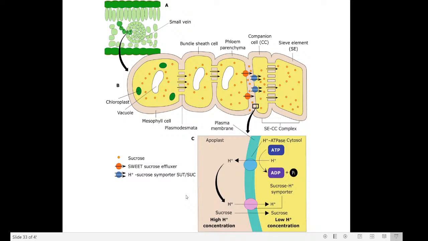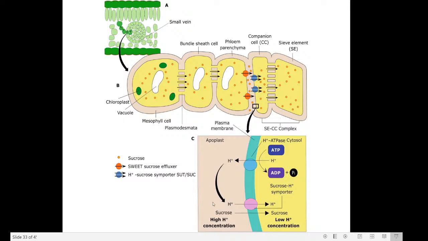In this apoplast condition, there is a higher concentration of H plus ions. In this layer, there is a lower concentration of H plus ions. So the intake of H plus ions makes sugar symporters, and the sugar molecules are taken in. It makes ATP, and in that step the ATP conversion also happens in the cell.